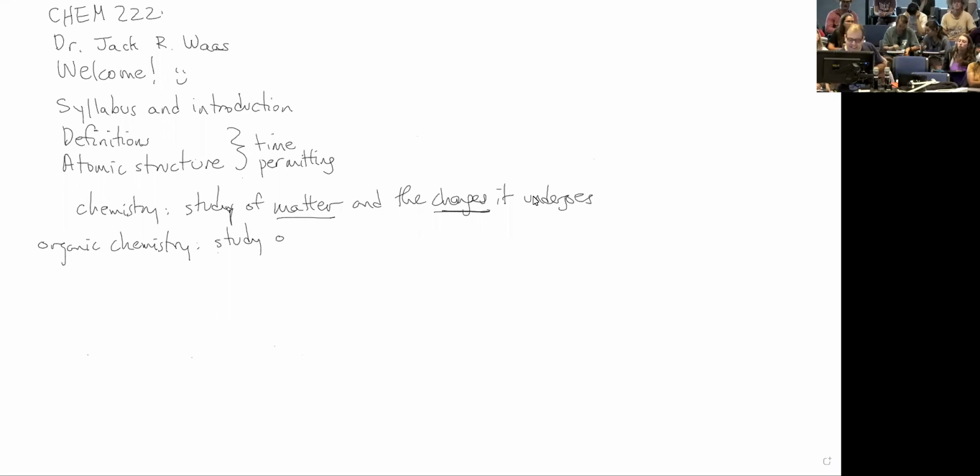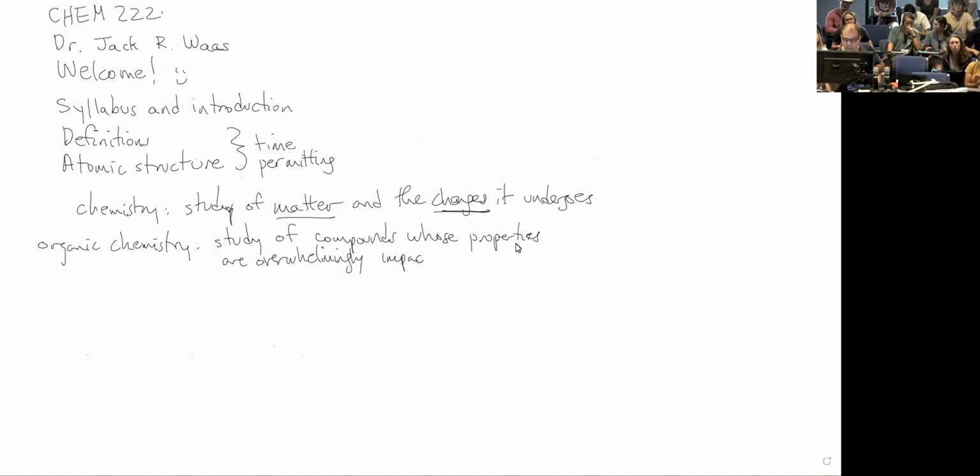I'm going to say instead the study of compounds whose properties, maybe this is getting a little too long, are overwhelmingly impacted by the presence of carbon and hydrogen. Those are going to be mainly what we talk about, compounds that have a lot of carbon and hydrogen in them. There may be other elements. Organic compounds can have oxygen or nitrogen or even phosphorus or sulfur in them.